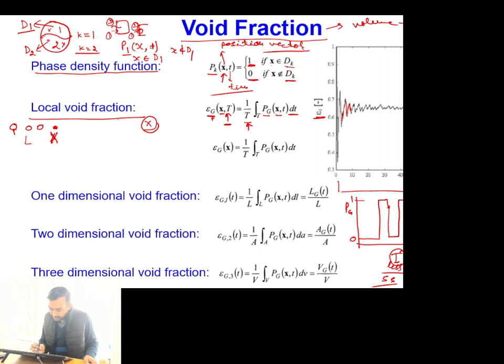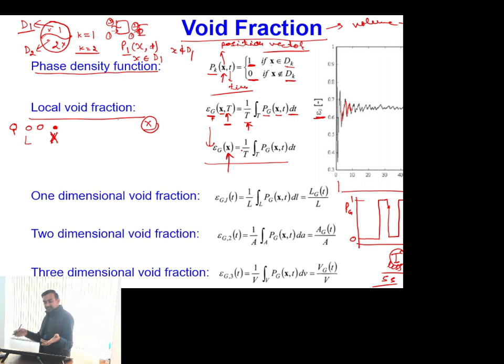Now you can see that in the next step I have written this formula only in terms of capital X. So time is dropped, because if my time period capital T is sufficiently large to account for all the fluctuations, then every time you do the measurement you will get almost the same value.